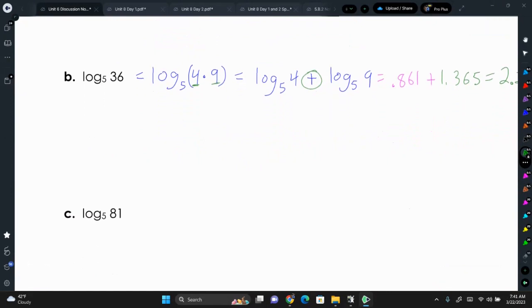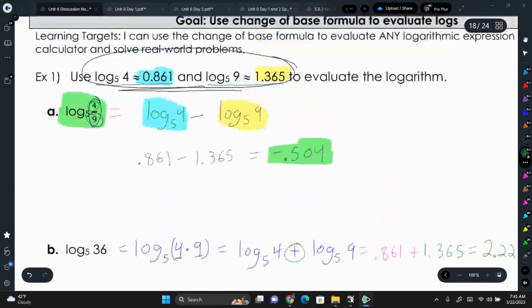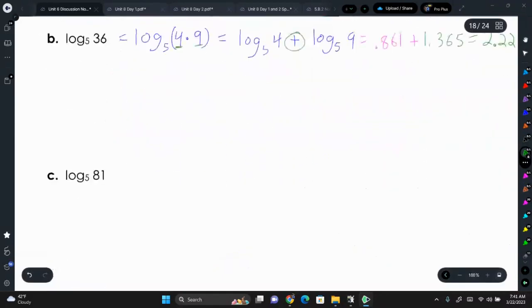Now, this one, log base 5 of 81. Well, how do we get 81 from any of these? Well, we know that 9 to the second power is 81. So we can rewrite this as log base 5 of 9 squared. Our properties of logs say we can take this exponent and put it out in front.